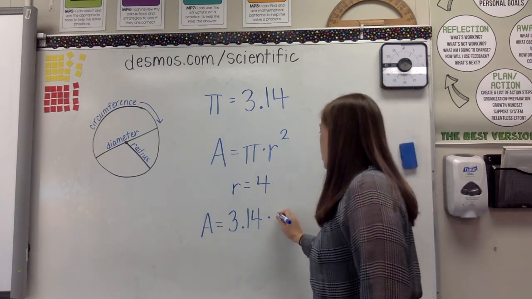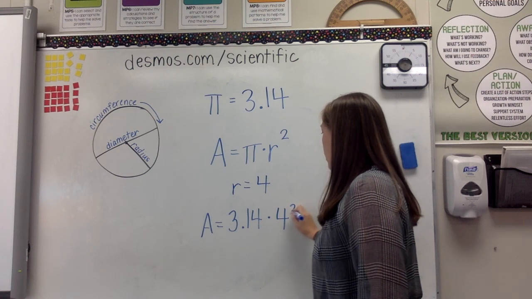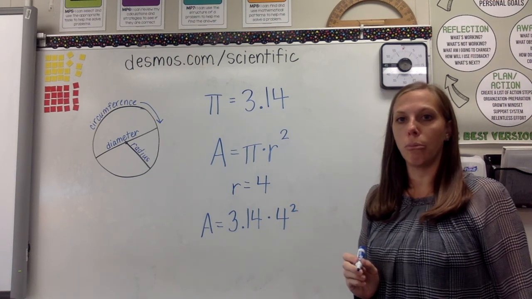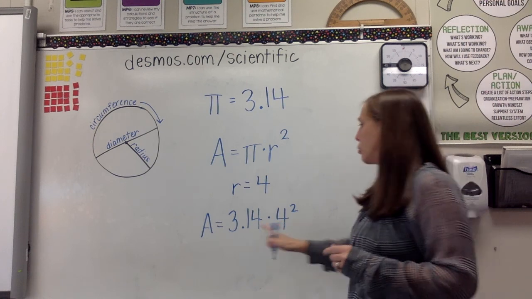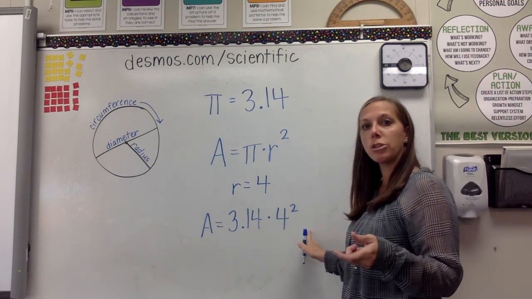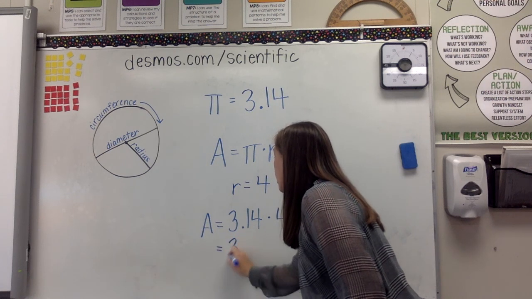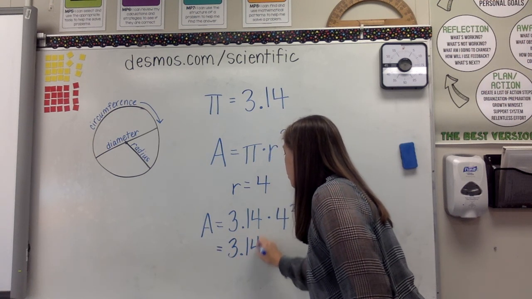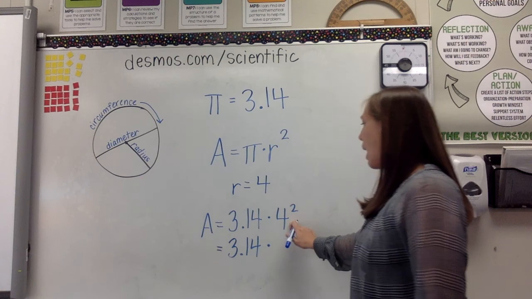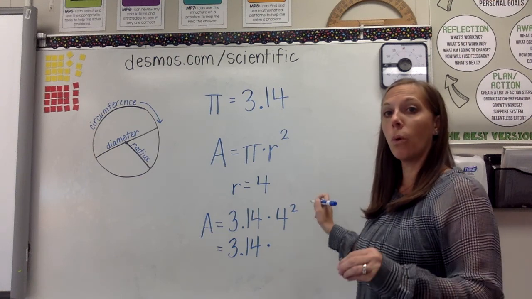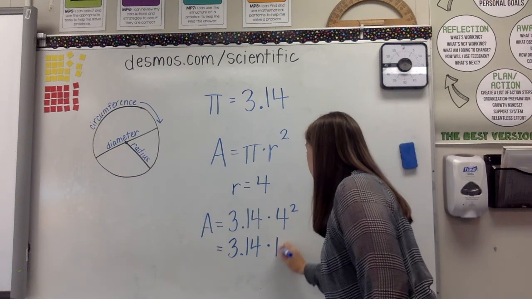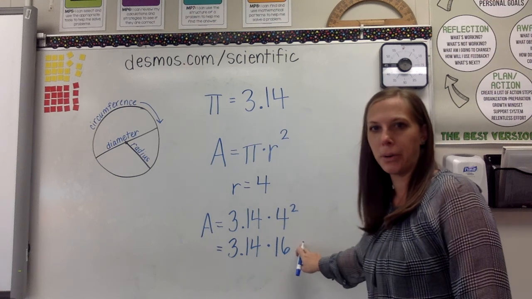I know the radius is 4, so I'm going to go ahead and write that with my exponent of 2. Now, chances are you're going to plug this right into your calculator and get your answer, but just to make sure we're on the right track here, I'm going to rewrite my pi value, 3.14, and I know that 4 squared is 4 times 4. So I'm going to write down my 16 here, just as that reminder.